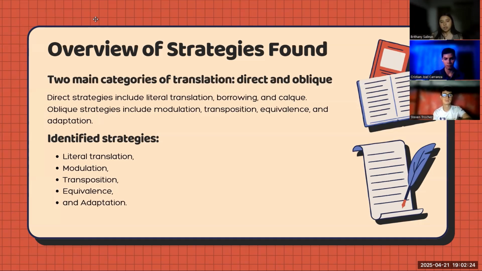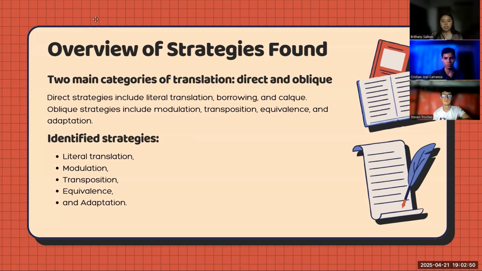Direct strategies include literal translation, borrowing and calque, and oblique strategies include modulation, transposition, equivalence, and adaptation. In our comparison, we identify 5 of these strategies, and they are literal translation, modulation, transposition, equivalence, and adaptation.